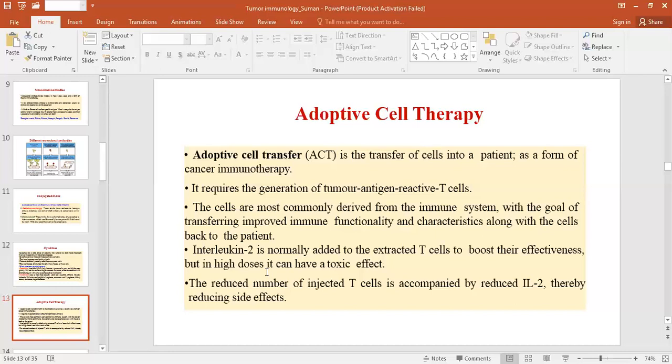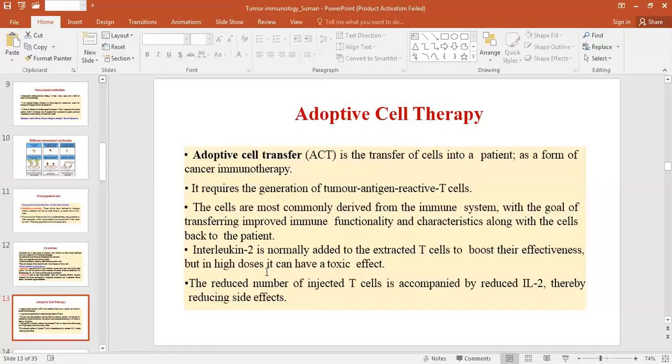So the reduced number of injected T cells is accompanied by the interleukins, IL-2, and they are reducing the side effect of this adoptive cell therapy. Interleukin 2 is normally added to the extracted T cells to boost their effectiveness, but in high doses it can be toxic.